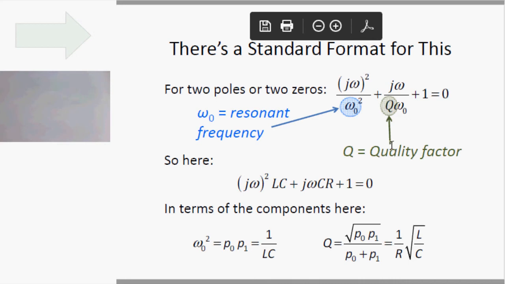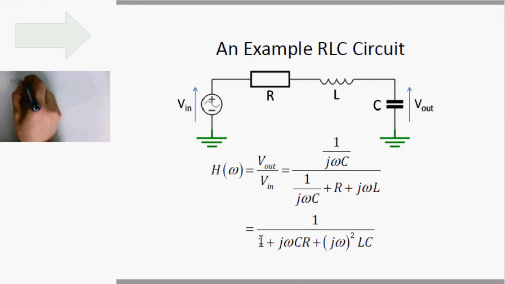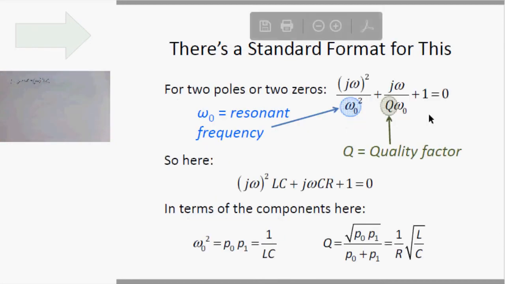So if we go back to look at the circuit we're analysing here, the denominator is 1 plus j omega CR plus j omega squared LC. The standard form for the response in terms of the resonant frequency and the Q factor is this.